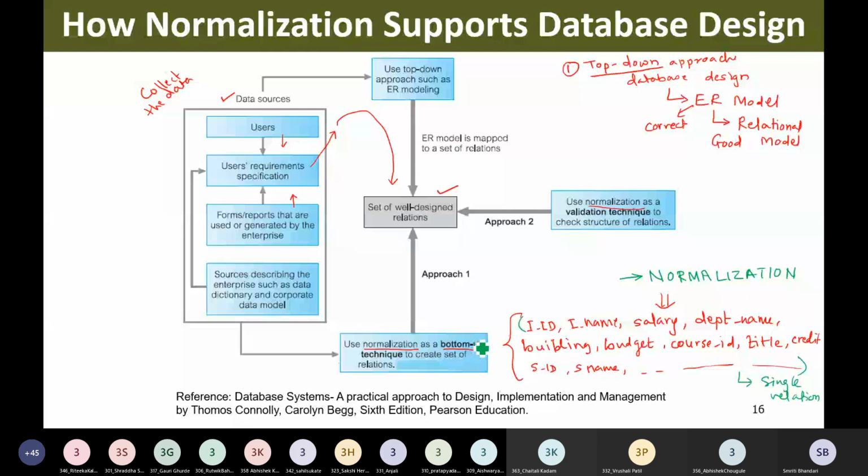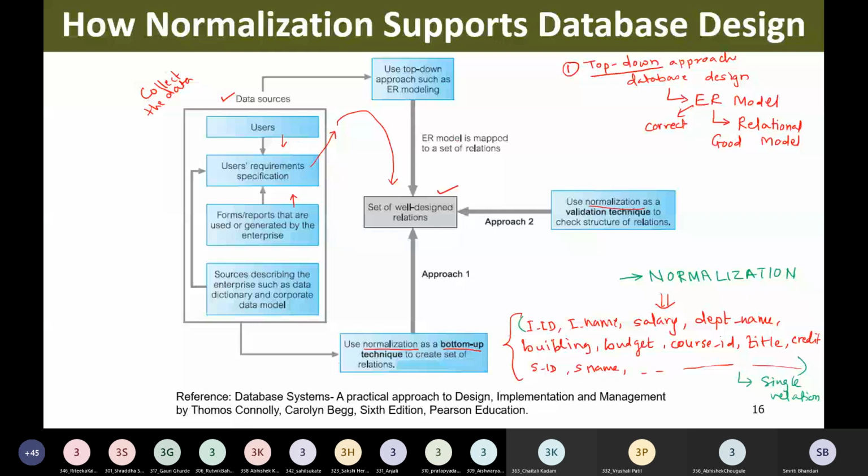But as I stated, even if we have followed the top-down approach, there is scope to use normalization here also. Normalization is the process that can be used to validate whether all the relations we have come up with using the top-down approach are really good, whether they satisfy the norms of database design.